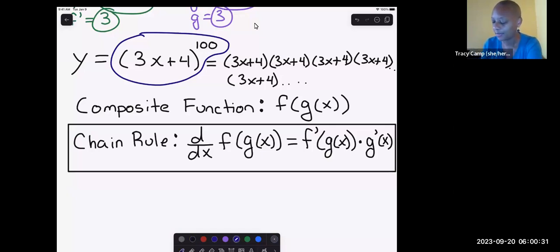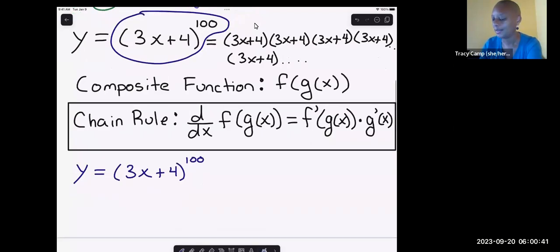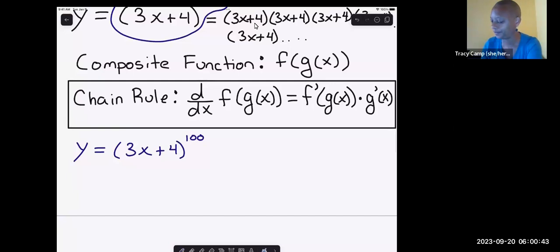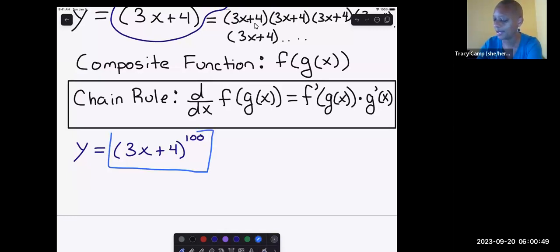The way I would think of this as a composite function, y equals 3x plus 4 raised to the power of 100, is I can look at this and think of all of this right here as x raised to the power of 100.